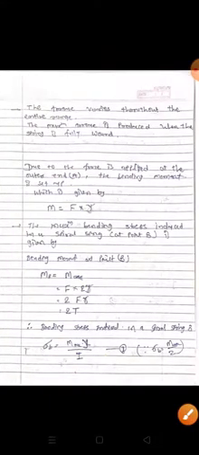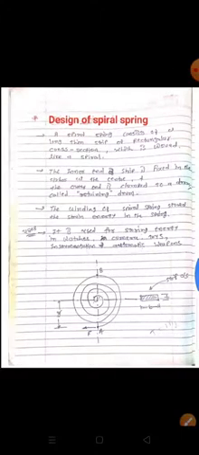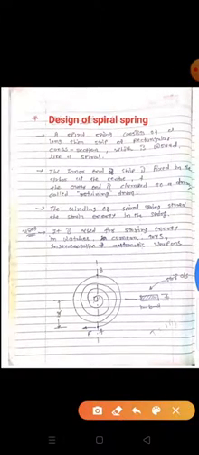Next, the torque varies throughout the entire range, and the maximum torque is produced when the spring is fully wound. You can see in the figure, when the spring is fully wound, the force is maximum, and then the torque produced is maximum.